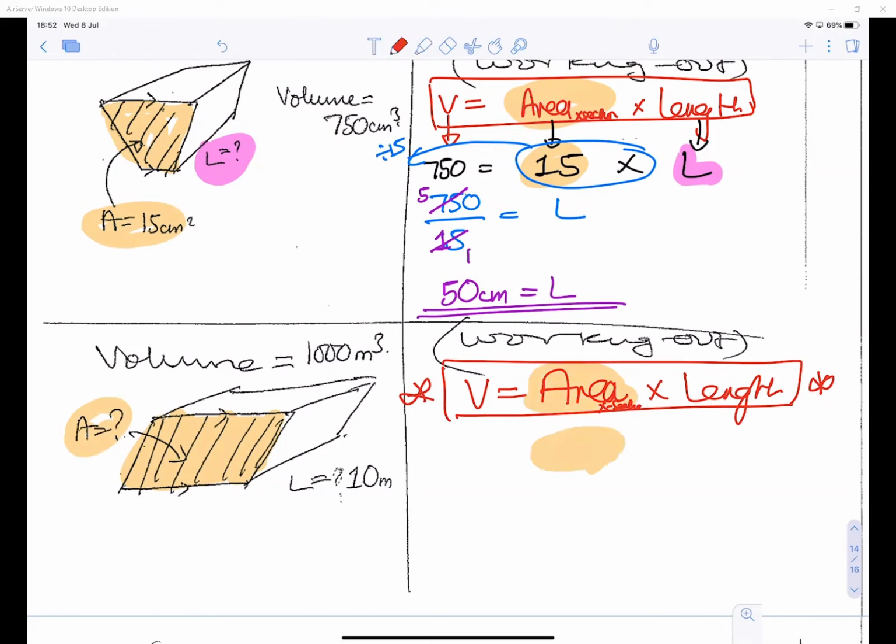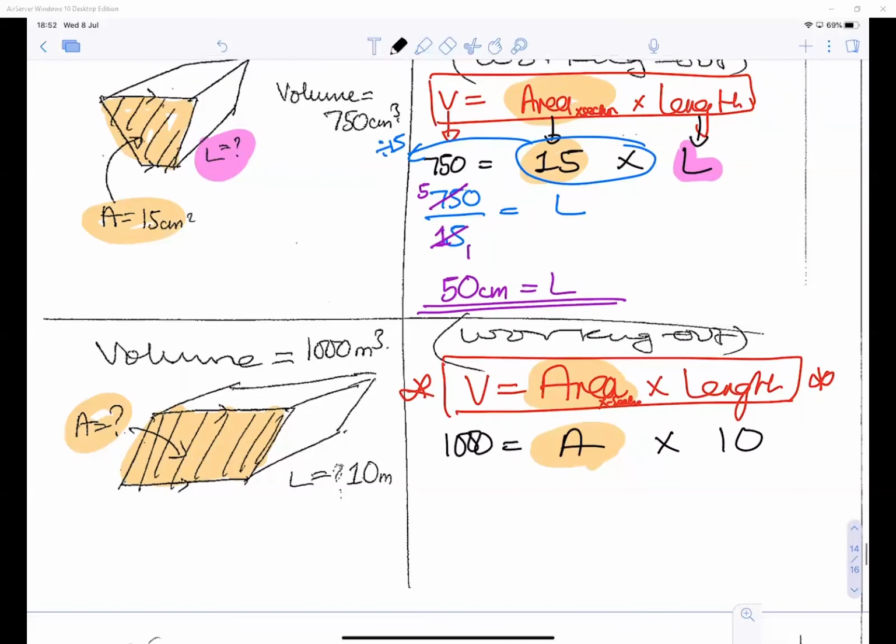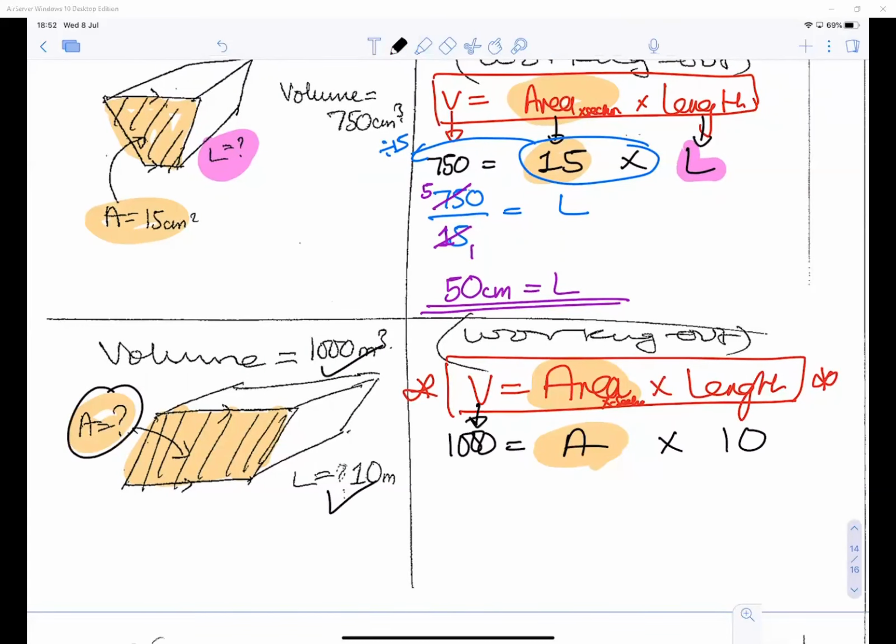Okay, so give me some values now. 1000 equals area times by 10. So we don't know the area, but we do know the length, and we do know the volume. So we put all those in the right place: under the volume, the volume, and under the length, the length.